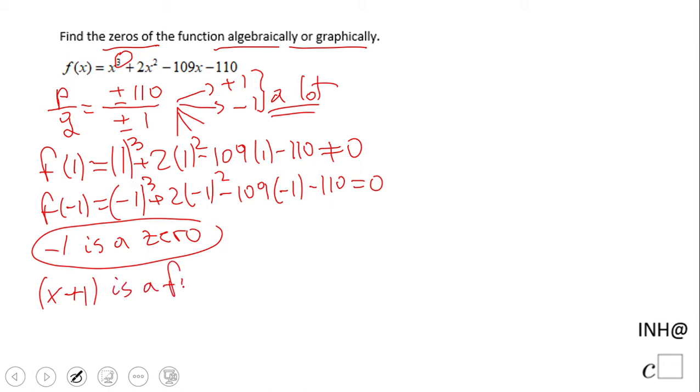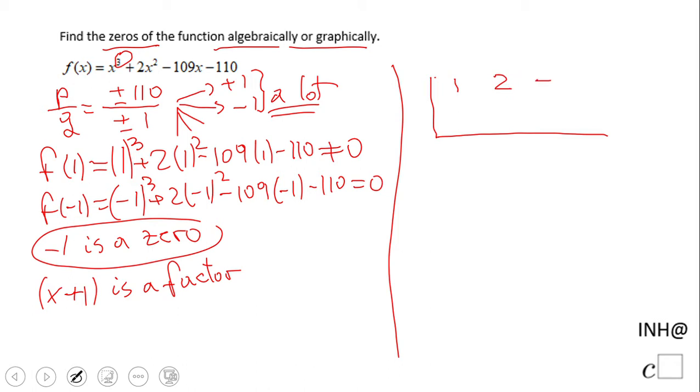So now, how am I going to find the rest of them? We're going to do that by using synthetic division. We have 1x cubed, 2x squared, minus 109x, and minus 110. The zero was negative 1, or the factor was x plus 1, so we need to put a negative 1 there.